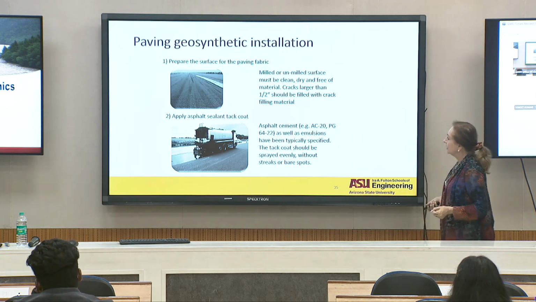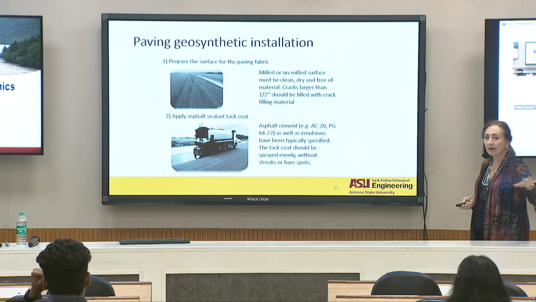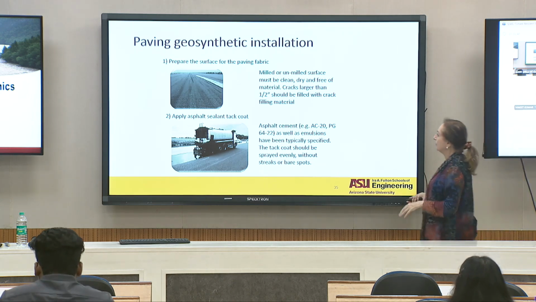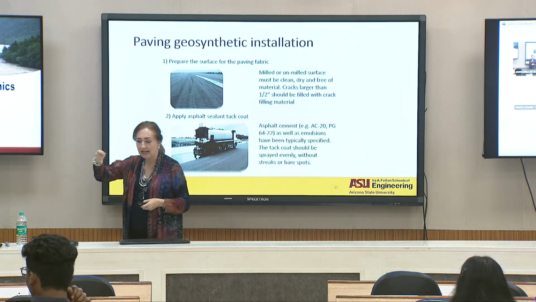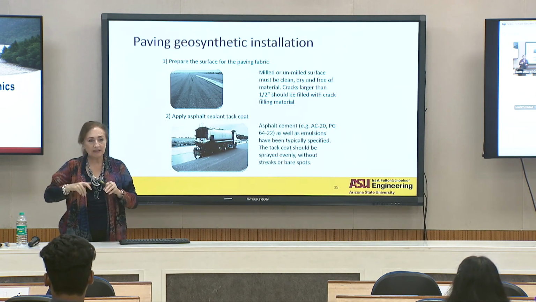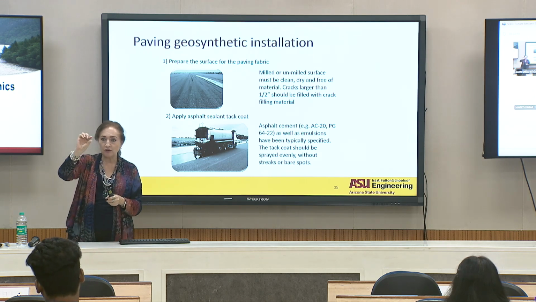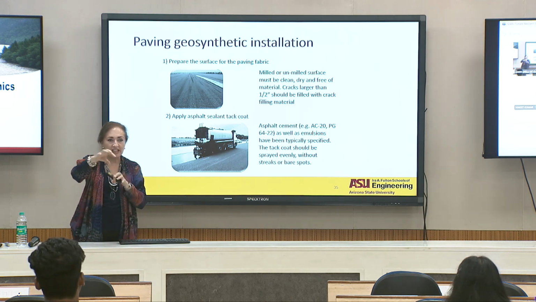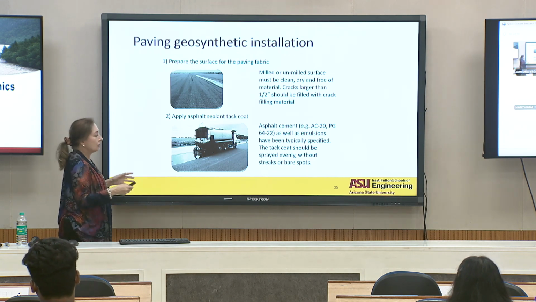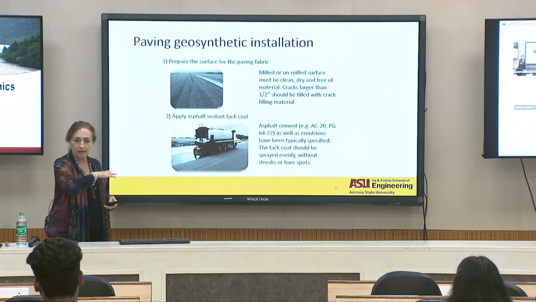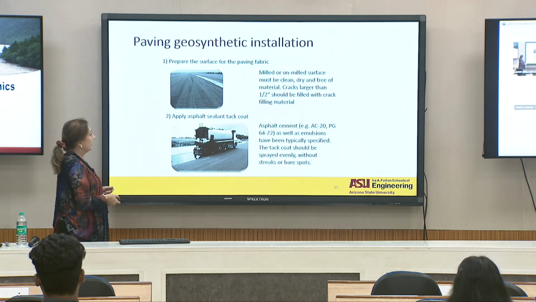First of all, they need to prepare the surface for the pavement fabric that you're going to be pulling. Usually that is milling the asphalt. Milling is basically you scarify and take off a few centimeters, so you create a rough structure. You dry it and clean it, vacuum it free of material.